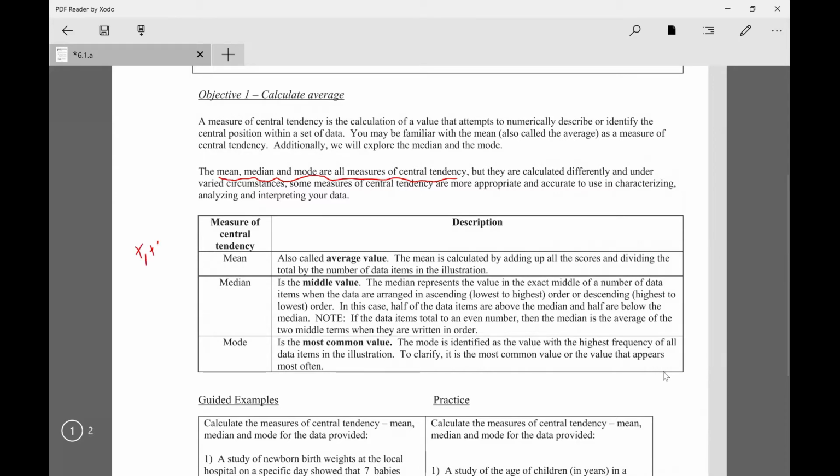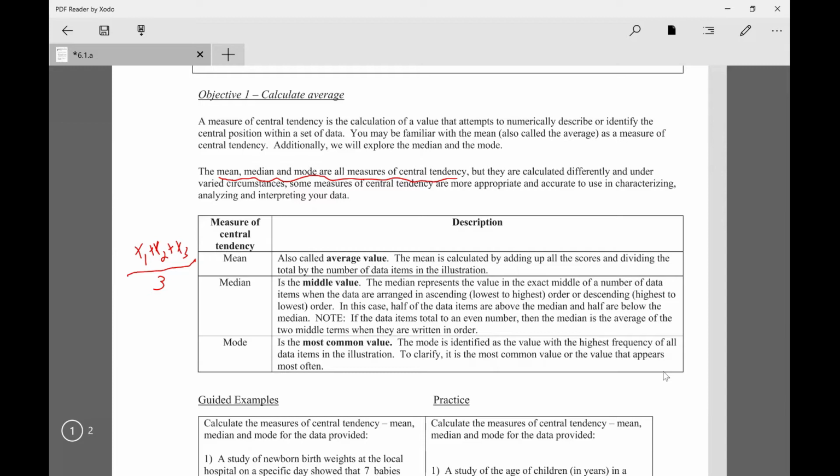Maybe you have x1, x2, and x3, so three numbers that we're adding together. When we want to find the mean, we just add them all together and divide by how many there are, so in this case, 3. That's how we calculate our average: we add everything up, and then we divide by how many elements or numbers there are.